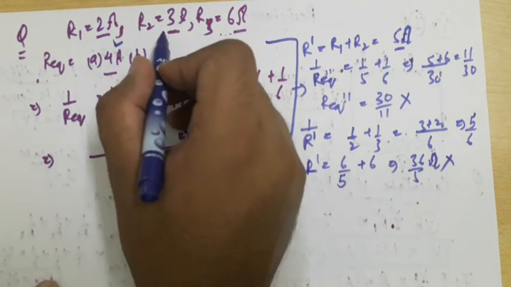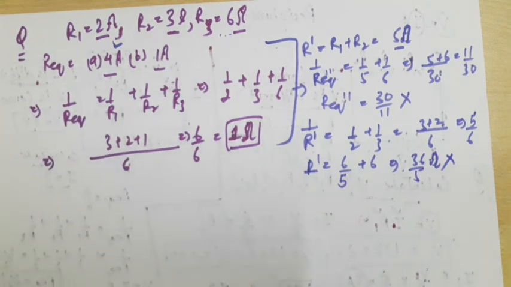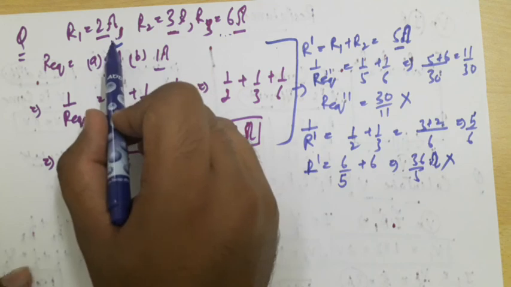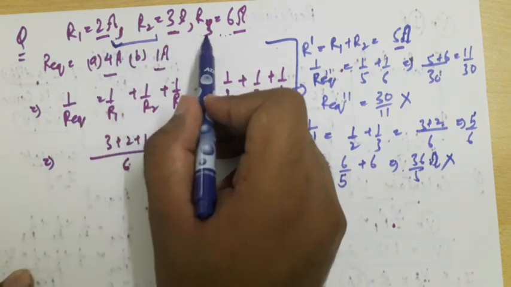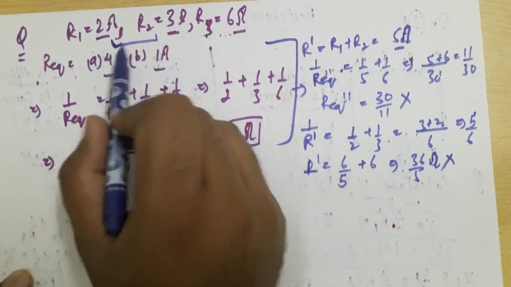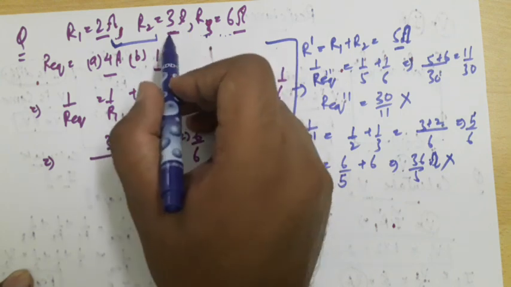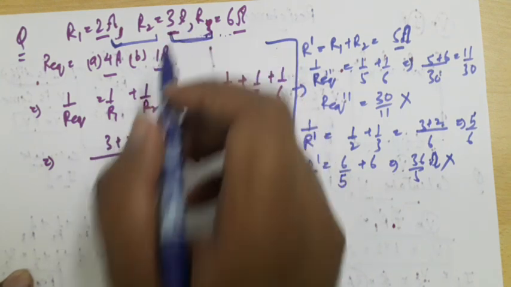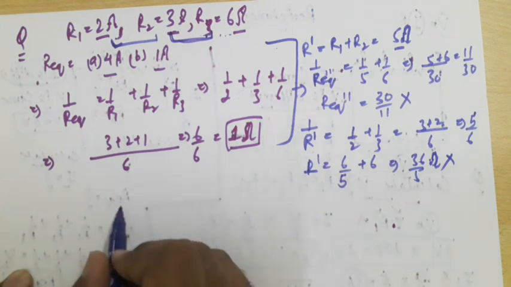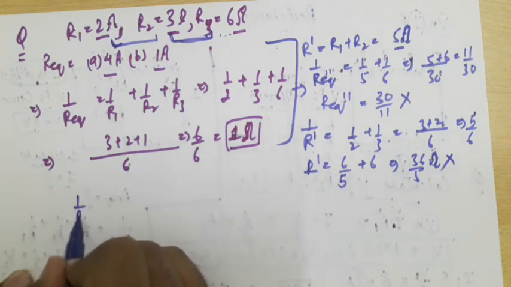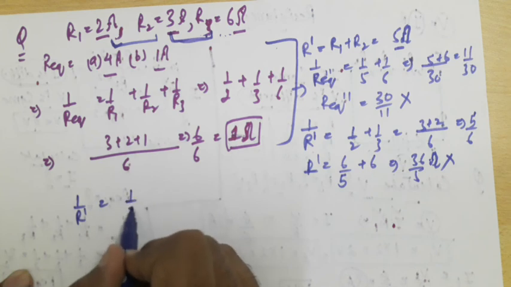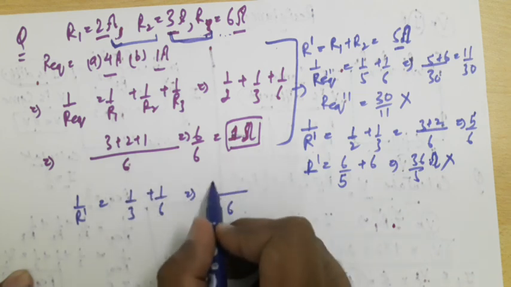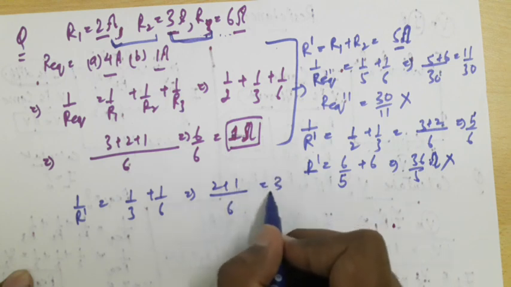I have another option, right? Earlier I made these two in series. So in the first 2 cases, first I took these 2 in series with this one in parallel. Then I took these 2 in parallel with this one in series. Now I'll do another thing. I'll take the last 2 in parallel. 1 by R dash is equal to 1 by 3 plus 1 by 6, with LCM 6, that is 2 plus 1, equal to 3 by 6.